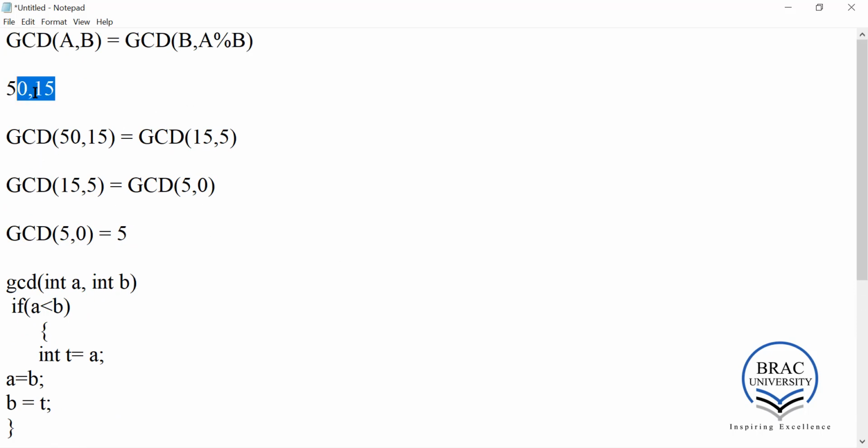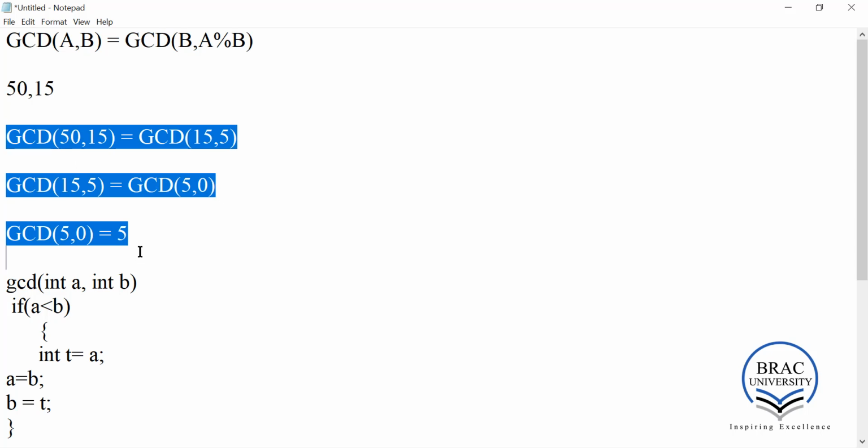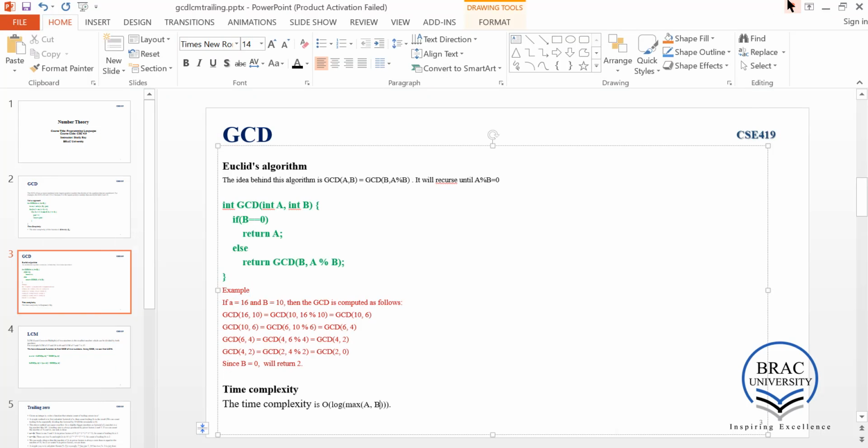But for 50 and 15, if I wanted to do a naive approach, I would have needed 15 loops or 10 loops at least, right? So in case of 10 loops, I am writing the code within 3 loops. So what is more efficient for me? Obviously this one. So obviously follow this algorithm.